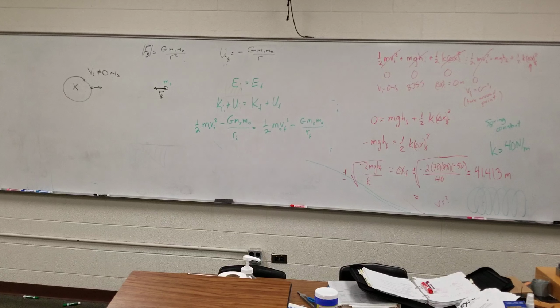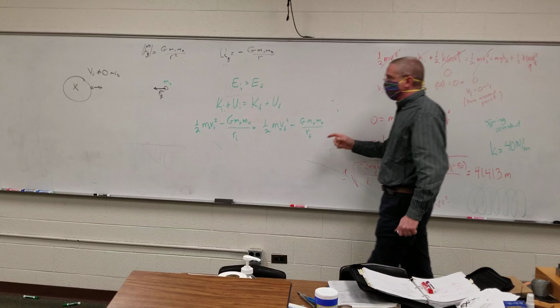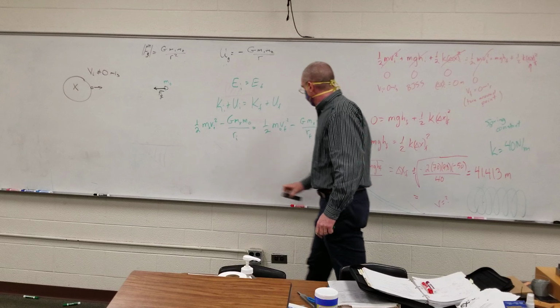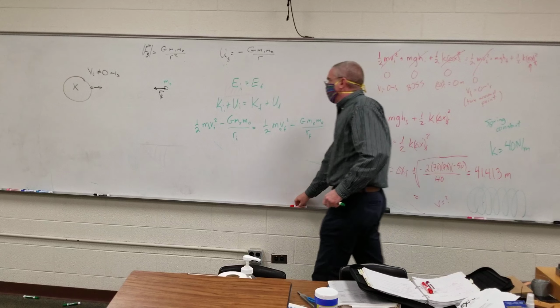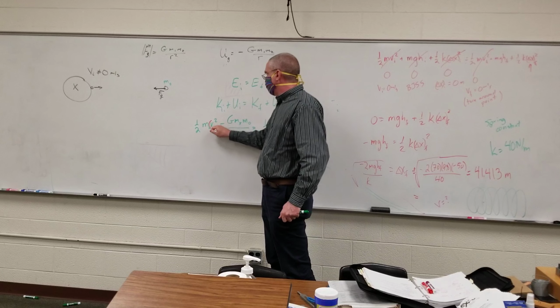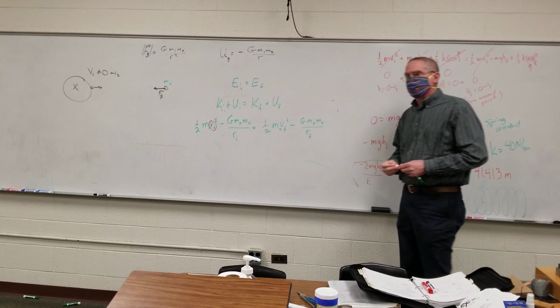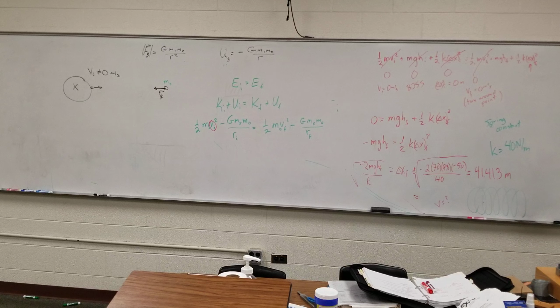The exact same process that we did before, the only thing that's changed is the formula for potential energy. We are trying to find this: how fast does this thing need to be shot initially in order for it never to return?